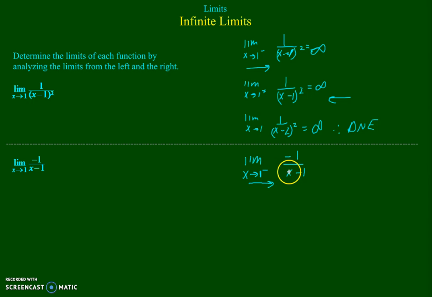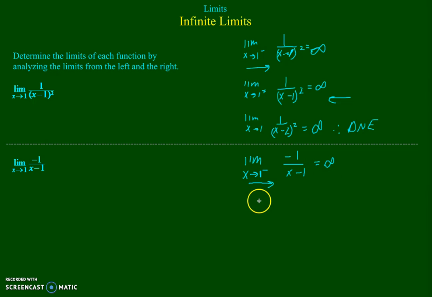Well, if it's less than 1, some number less than 1 minus 1 is going to be a negative number. And a negative number divided by a negative number is a positive number. And so as this denominator gets closer and closer to 0, as x gets closer and closer to 1, this number is going to become closer and closer to 0, which means it's going to go into that more and more times. And because this overall fraction is positive, this is approaching positive infinity.